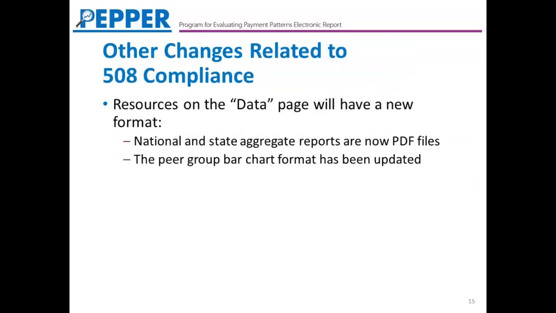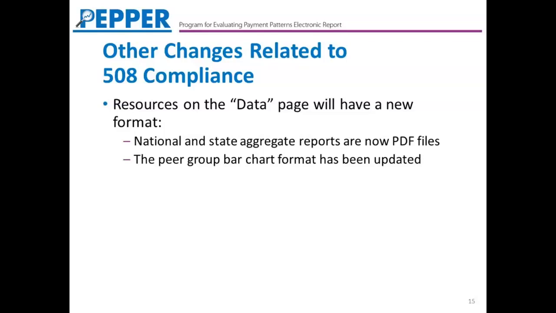Some of the other changes that you might notice that our team has taken on related to 508 compliance include the resources that are found on the data page of the website. And many of these resources will have a new format, a new look and feel. So if you go to the data page, you will notice that the national and the state aggregate reports are now presented as PDF files.